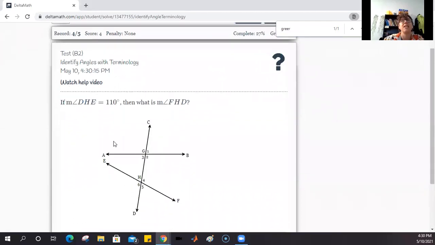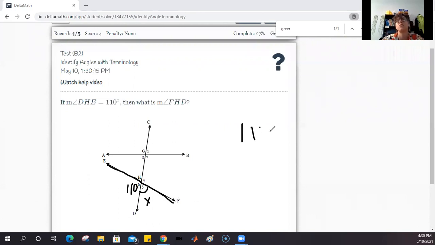The measure of angle DHE. D to H to E. DHE, that's angle 6 down here. That's 110 degrees. What is the measure of FHD? Well, that's this one here. Together, these guys form a straight line on the bottom.